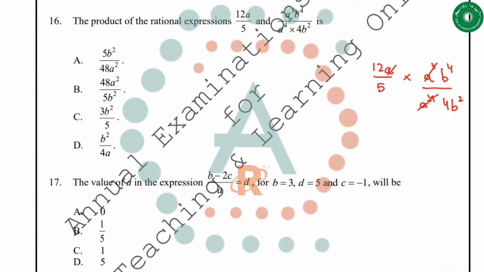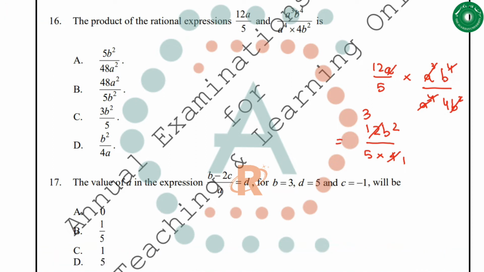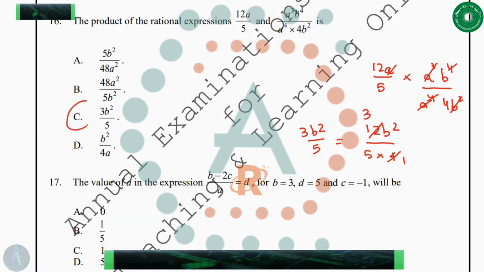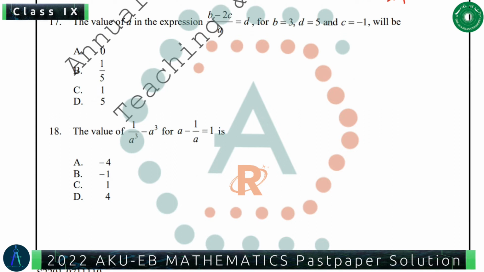Then b2 and b2 will be cancelled out, so we will get 12b square over 5 into 4. So 4 1 is 4 and 4 3s are 12. So the correct answer is 3b square over 5, that is option C.